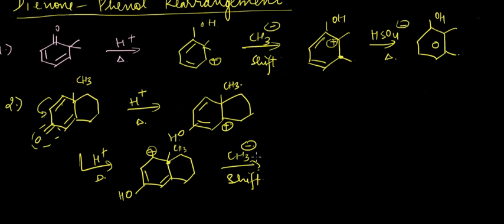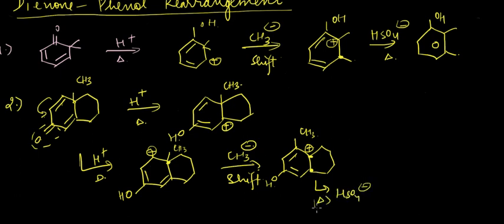Because if we have something like this, it has more number of alpha hydrogens. Okay, CH3 here, and again from this H plus, HSO4 will take away the alpha hydrogen, and we'll get phenol here and OH and CH3 here. Oh sorry.